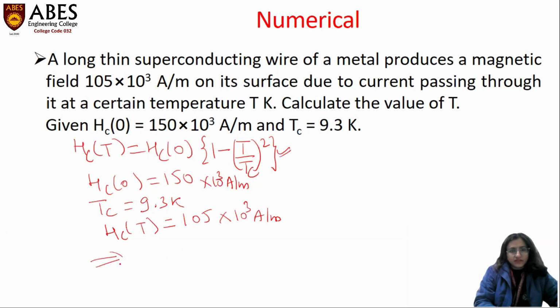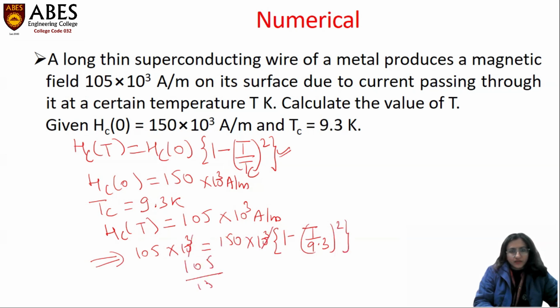When you substitute these values in the above equation, you can determine the value of T. So we can write 105 × 10^3 = 150 × 10^3 (1 − T/9.3)². When you solve, this cancels to 105/150 = (1 − T/9.3)².